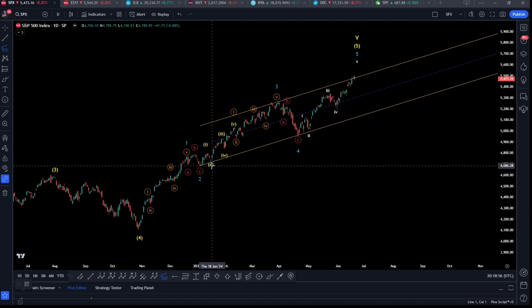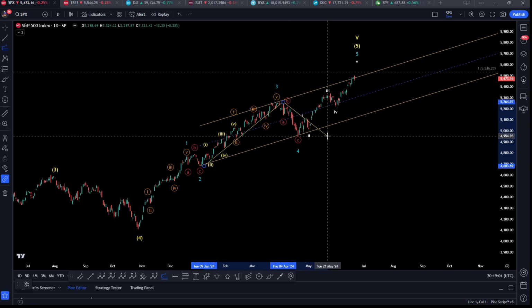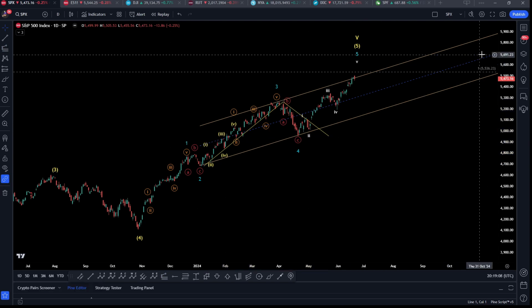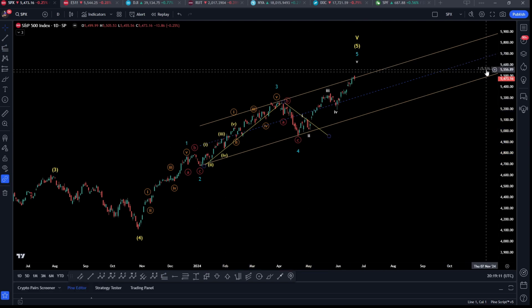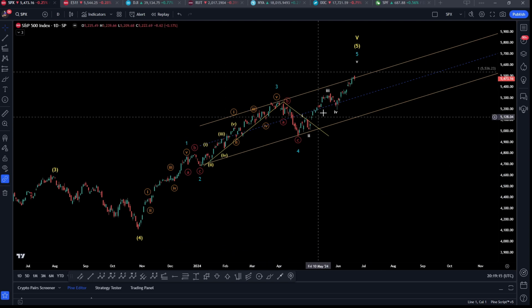We can see a clear invalidation on this chart, the S&P 500. Clear invalidation. We can take the 100% extension of 3, because we know that 5 has to be shorter. It's a rule. It cannot exceed 55.36. Can't do it, or it invalidates this entire count.